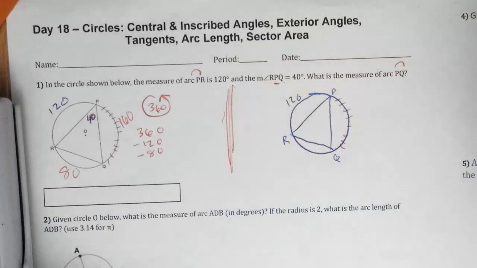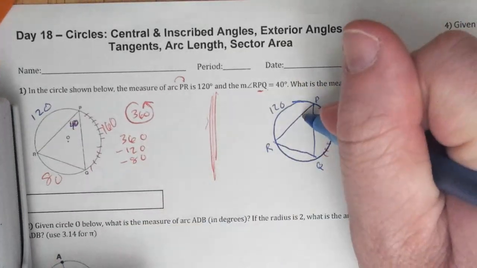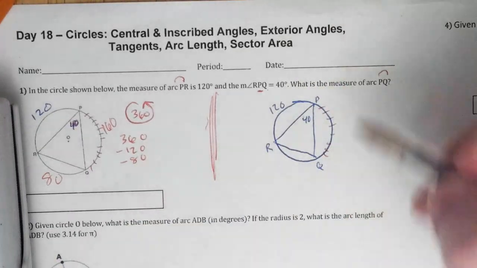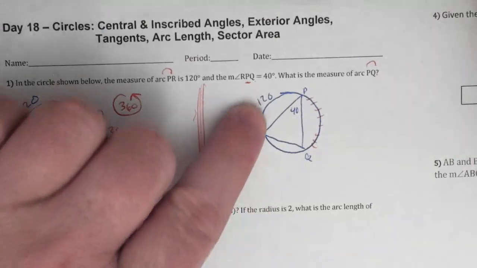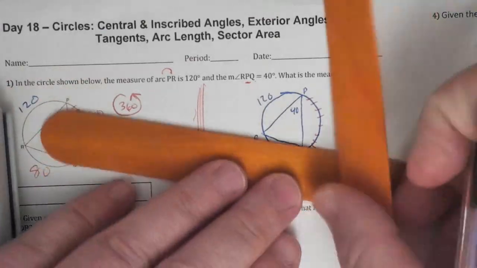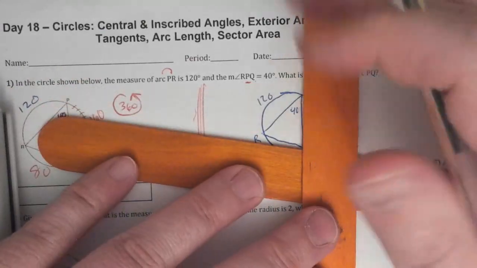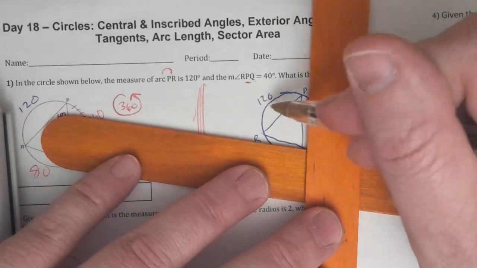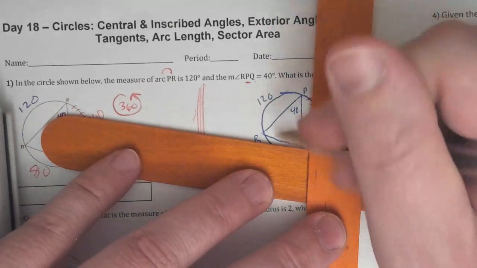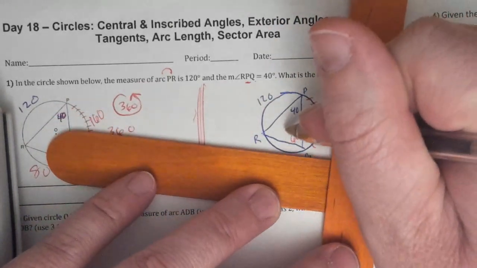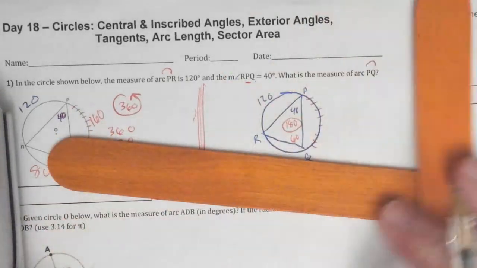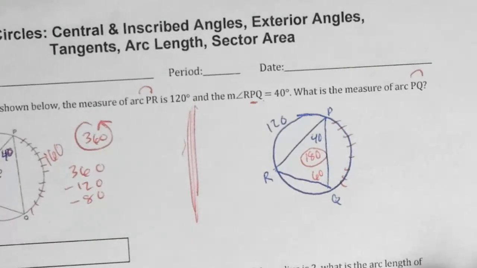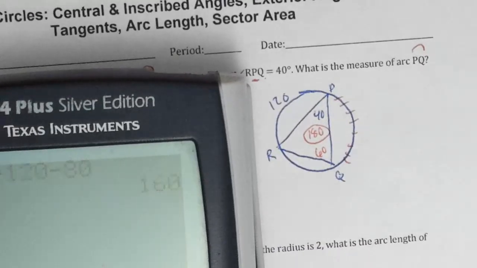A second way to do this: we know that this is 40, right, so go ahead and find the angles. If this is 120, if I go back inside, 120 projected this angle. So if this is 120, the inscribed angle makes 60. I know that all three angles of a triangle make 180.